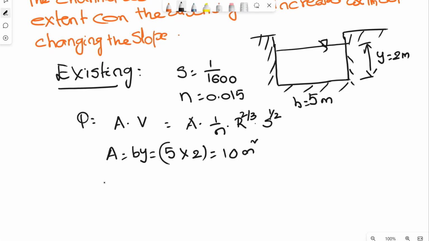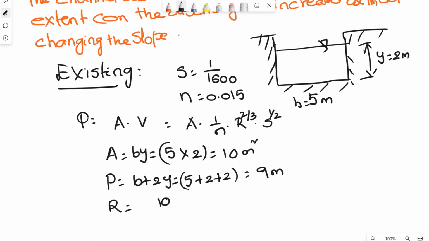Then P is equal to B plus 2y, which is 5 plus 2 plus 2, so this is equal to 9 meters. Then R is 10 by 9.